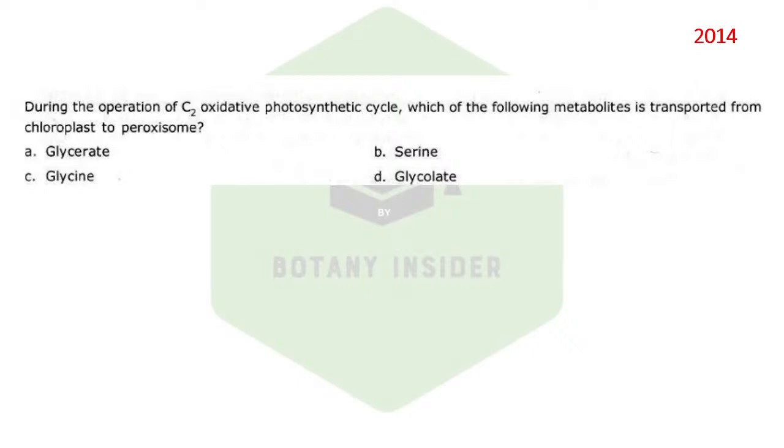Today I've brought up all the factual, or we can say theoretical questions. Next question. A similar question has been asked like 3 to 4 times in the examination related to your C2 cycle. Even in the December 2023 paper, there was an exact similar question asked related to the C2 cycle only. During the operation of your C2 oxidative photosynthetic cycle, which of the following metabolites is transported from the chloroplast to the peroxisome?